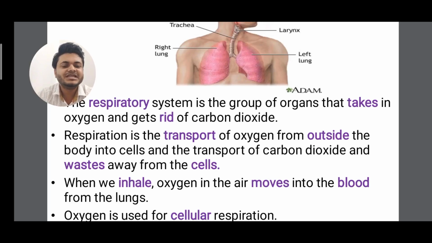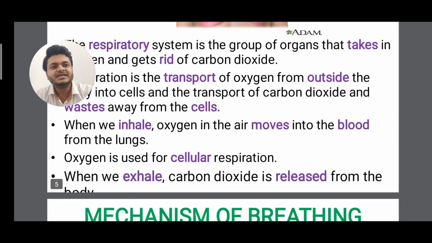And respiration is the transport of oxygen from the outside environment to the inside of the body, and the transport of carbon dioxide from inside our body to outside. So when we inhale, oxygen in the air moves into the blood from the lungs. Oxygen is used in cellular respiration, and when we exhale, carbon dioxide is released from the body. Clear? Out from the body.